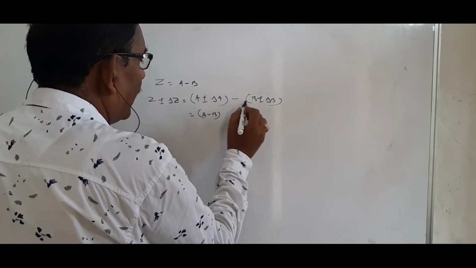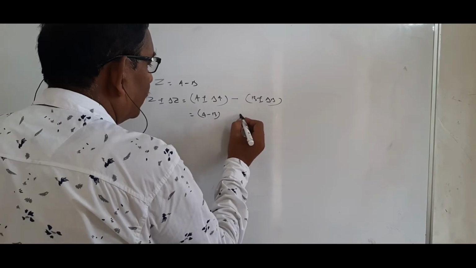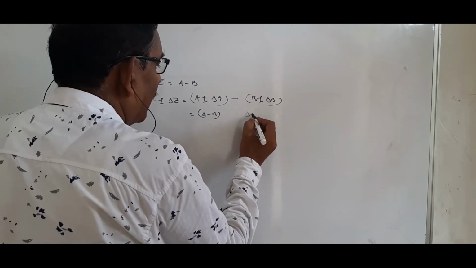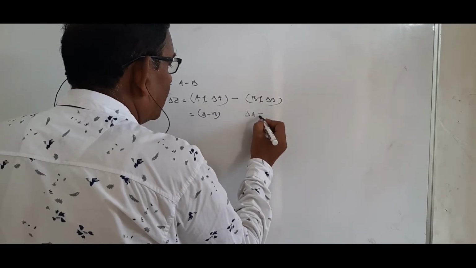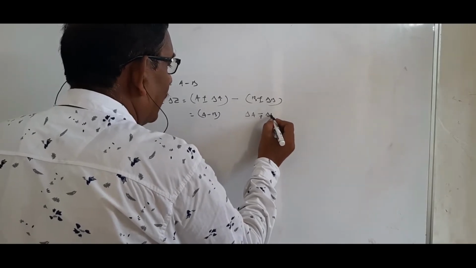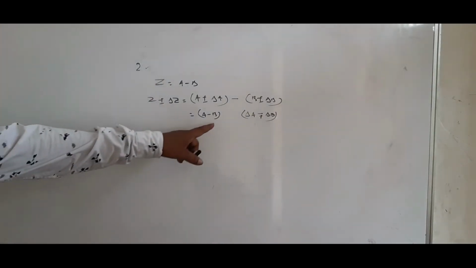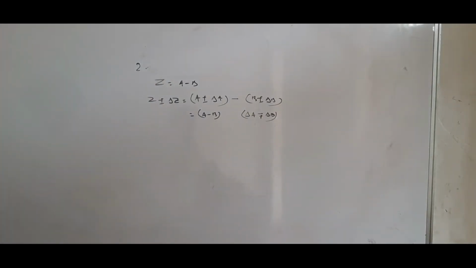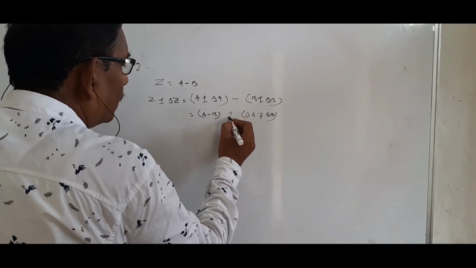So A minus B, now delta A minus, it is plus delta B. So what do we have to write here? Your value became plus minus.